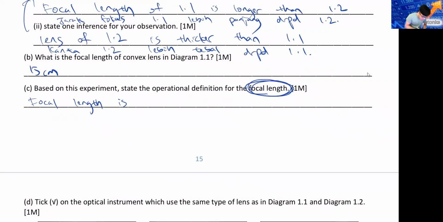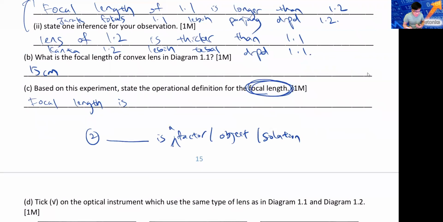Second step is something. What is it? Is it a factor? Is it an object? Is it a solution? So what is focal length? Focal length is a length.